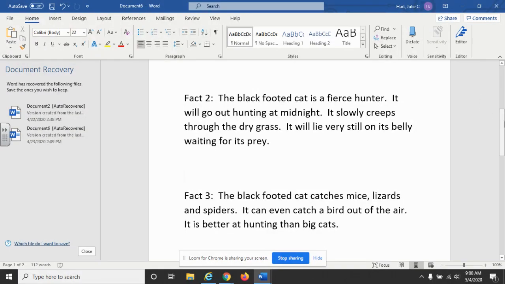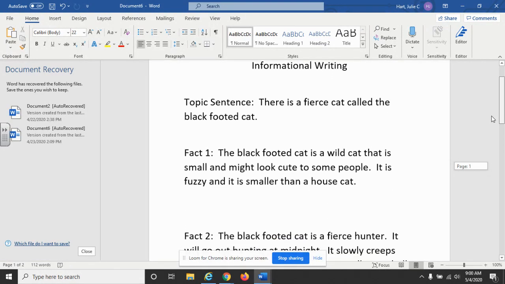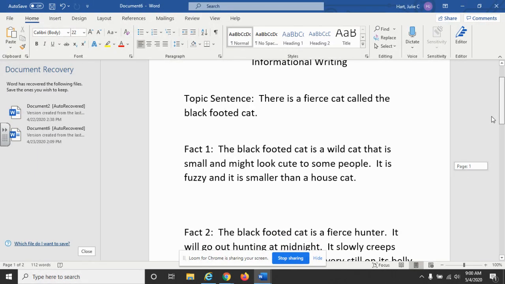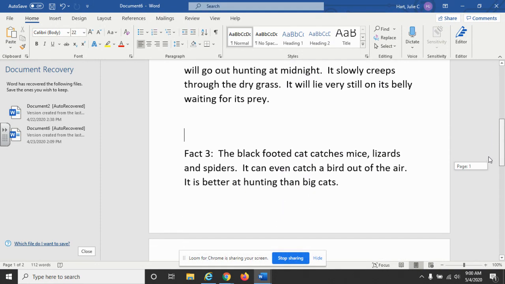And then my third fact in this particular type of informational piece focuses on what the cat eats. The black-footed cat catches mice, lizards, and spiders. It can even catch a bird out of the air. It is better at hunting than big cats. So you can see how this first example of my informational writing just focuses on the facts about the cat: how it's a hunter, what it looks like, what it eats.